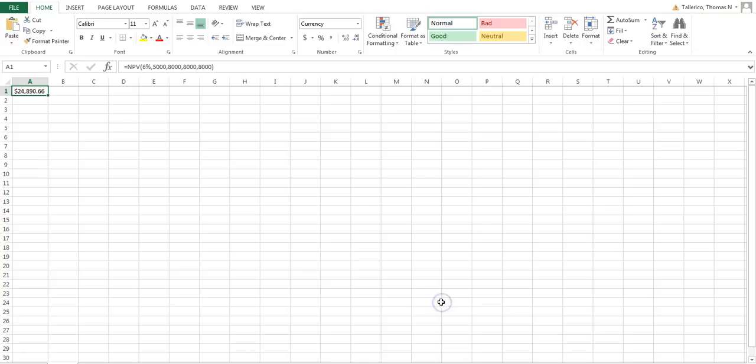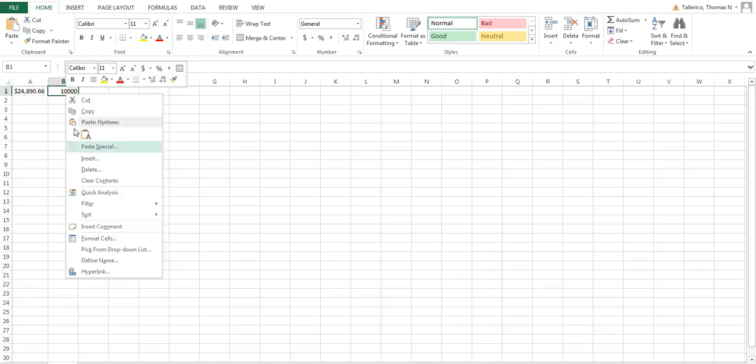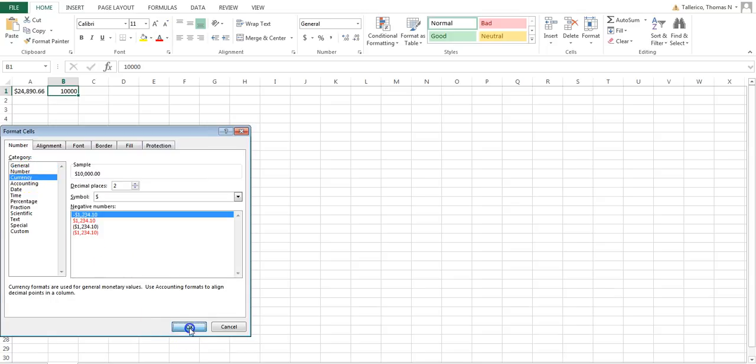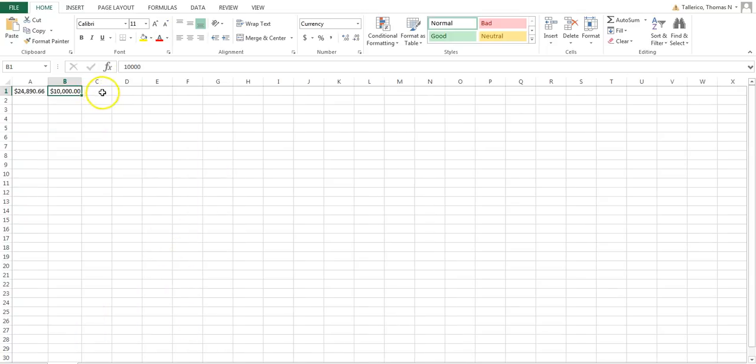So if I leave that there and go over to this cell over here, let's say I put an initial investment of $10,000. You could put anything you want there. I'll format that into a currency. Then I would do my own function here, because I have to subtract it.